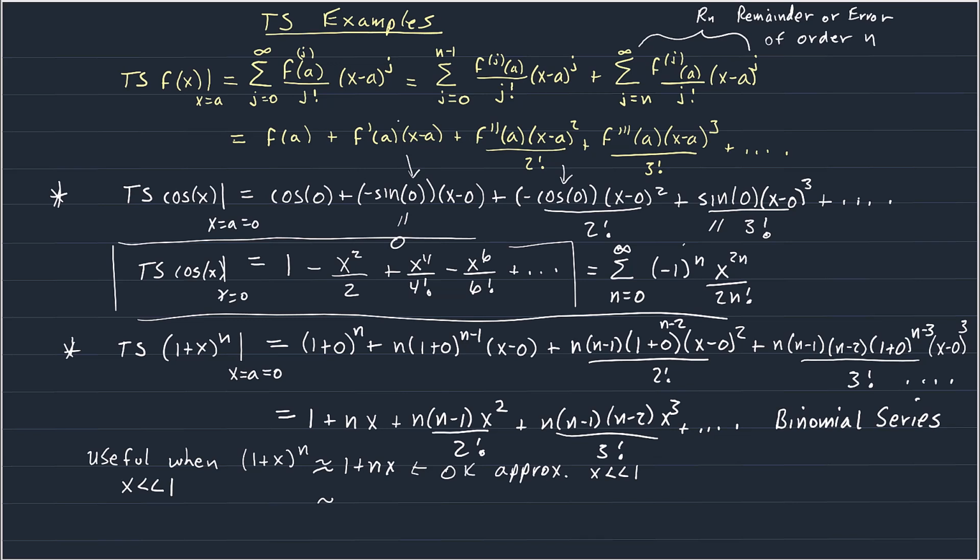If you need a higher order accuracy, you could go to the next derivative, and you would get an n times n minus 1, and this becomes a quadratic function, if you need a better approximation. So these are a couple of examples. I hope you were able to follow this, so you can apply this to your homework or even future projects.